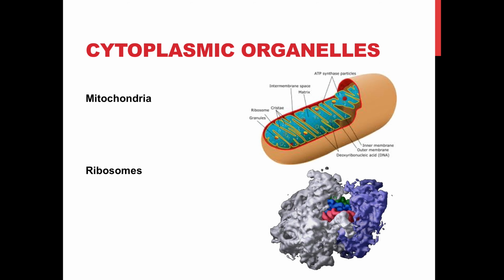If you've taken other classes, you might have heard of this process being called the Krebs cycle. There's a way to metabolize pyruvate in the cytosol, but the Krebs cycle occurs in the mitochondria. This is basically where you add a phosphate group to ADP, adenosine diphosphate, and make it ATP, adenosine triphosphate. So you're adding a phosphate. Then that ATP molecule can be used as fuel somewhere else in the cell, where that phosphate will be broken off and energy will be released.